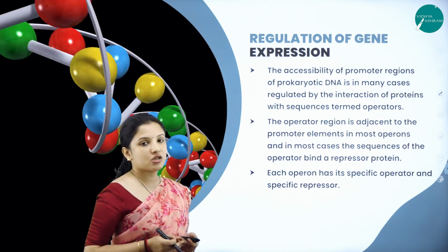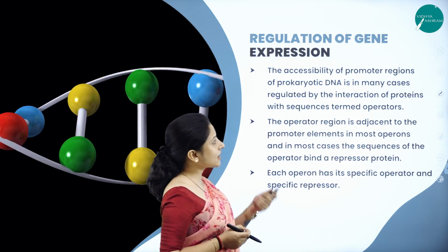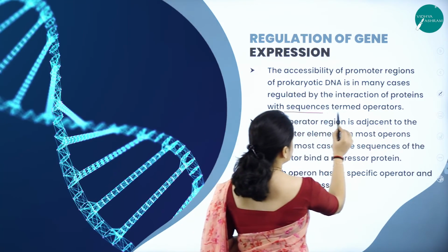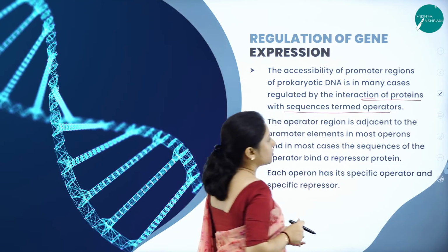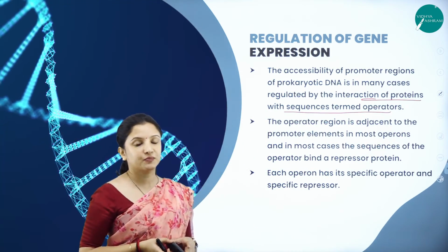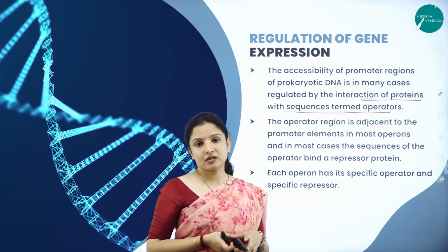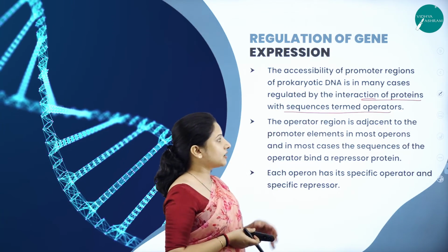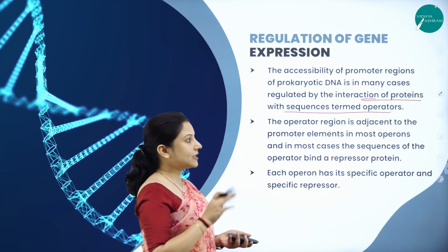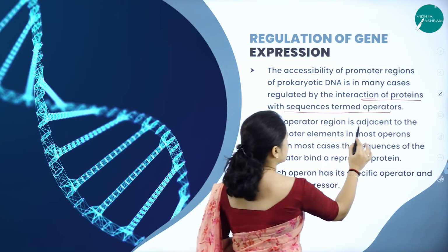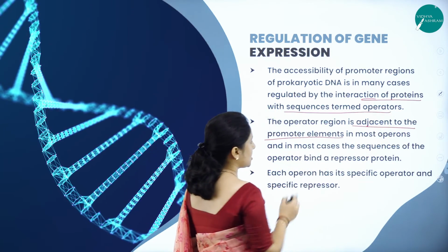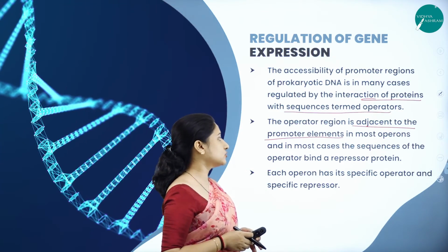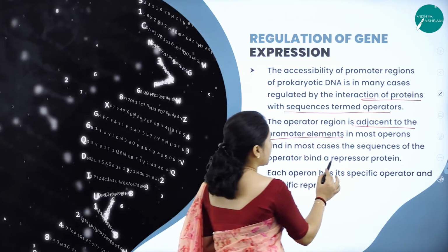Accessibility of the promoter region of prokaryotic DNA is in many cases regulated by the interaction of proteins with sequences termed operators. So in the operator region, there are various proteins that actually regulate the expression of genes in the case of prokaryotes. And the operator region, where is it present? It is present exactly adjacent to, that is near, the promoter region in most operons, and in most cases the operator sequence binds a repressor protein.